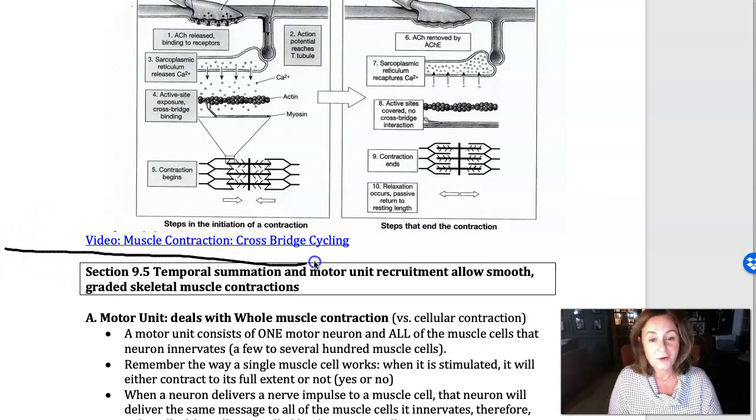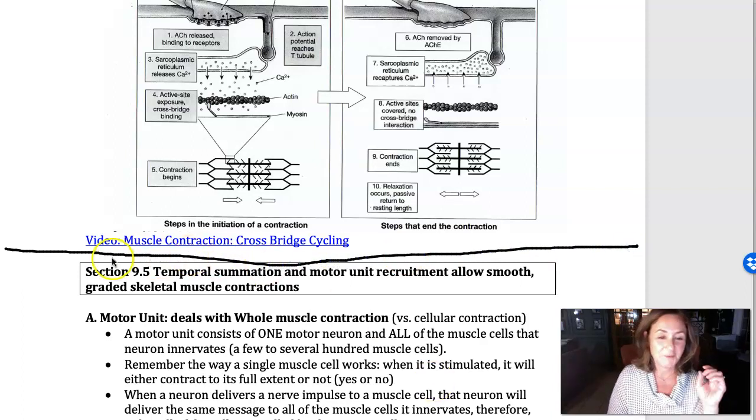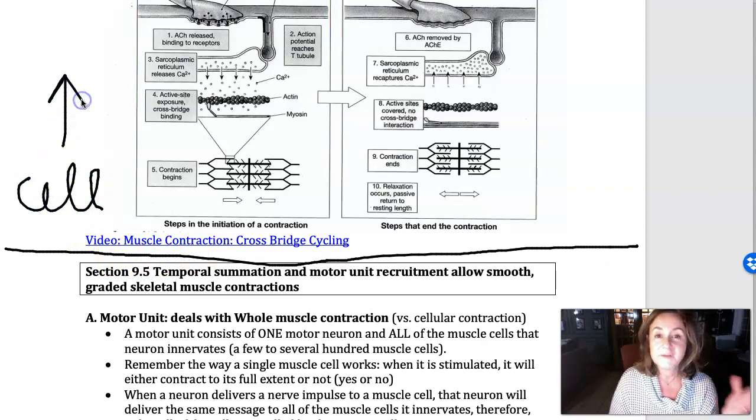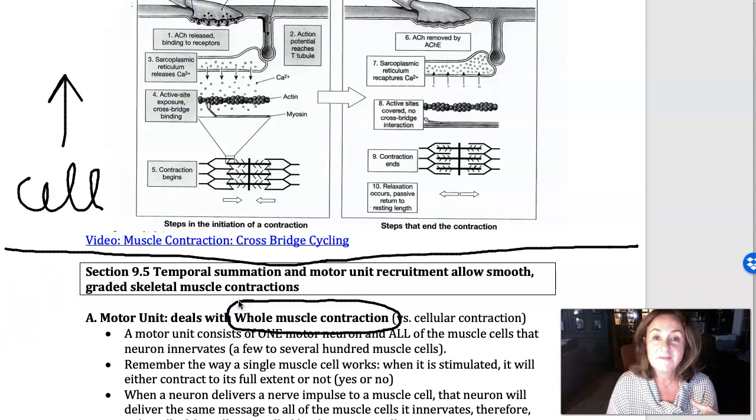I'm going to draw a line in the notes. Okay, so I'm going to divide the notes because up to this point we've been talking about the cell, right? From the start of the course up until here, we're talking about the cell. But this week, what we're doing is we're talking about the whole muscle. So everything that I have to say today, and at the end of the notes, it's taking the whole muscle into consideration.